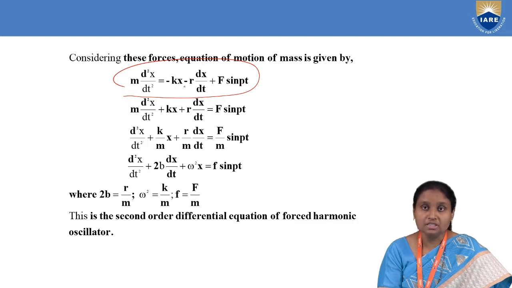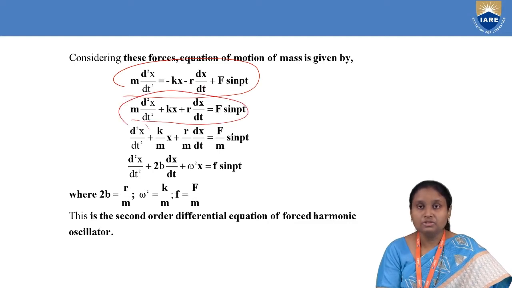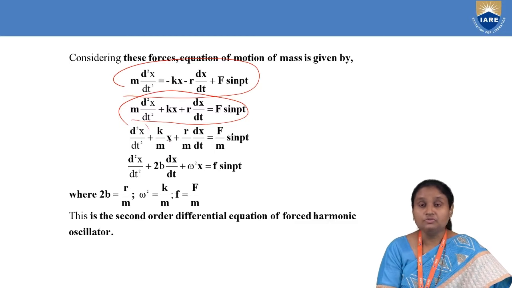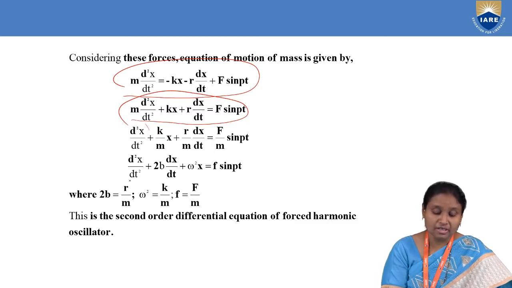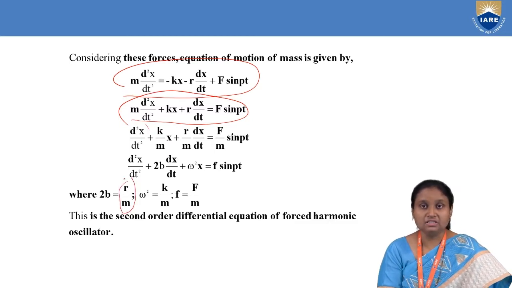I'm going to take the restoring force and damping force to the other side, then we end up with this expression. Now I divide the whole expression by m and introduce three parameters. R by m, I denote by 2b. Then K by m, we denote by omega square.